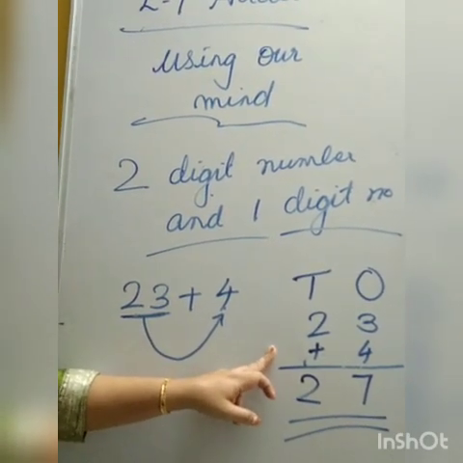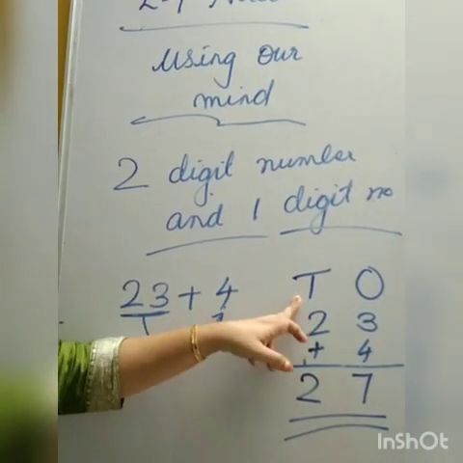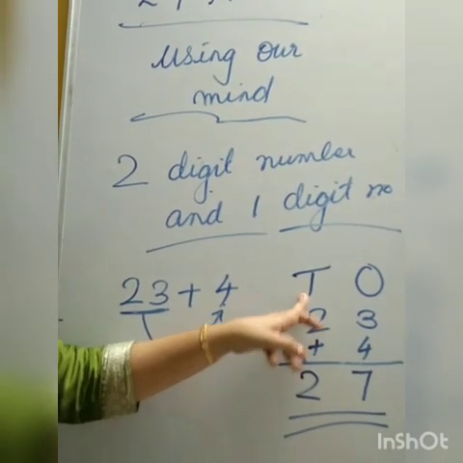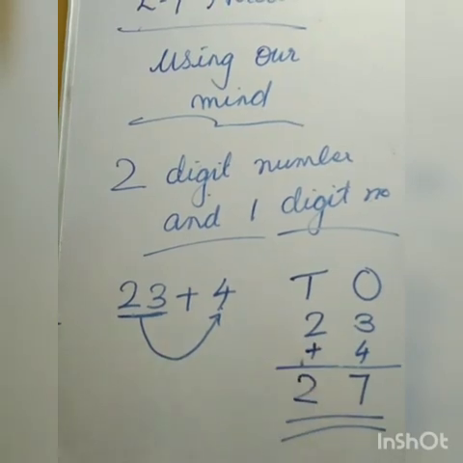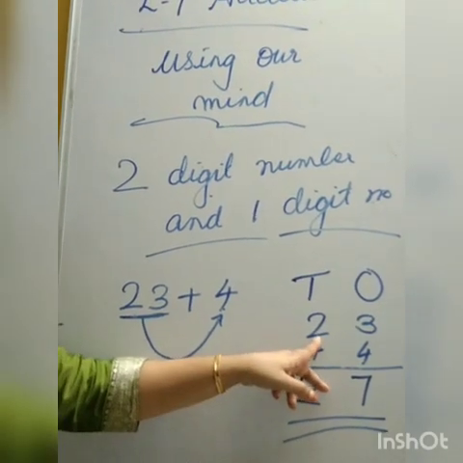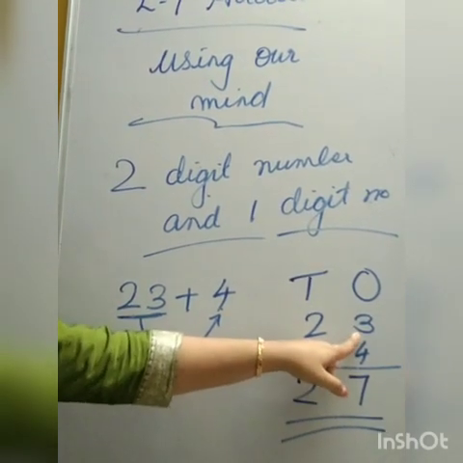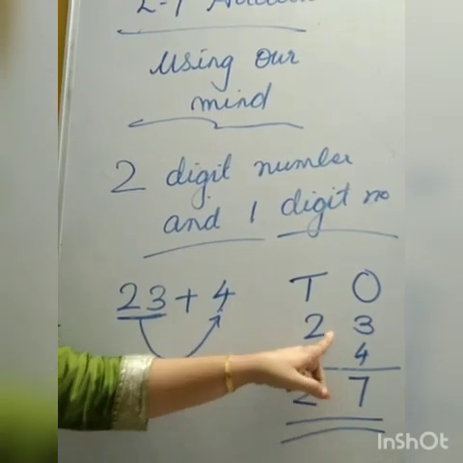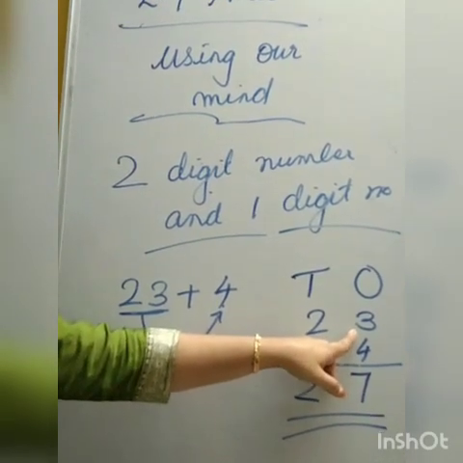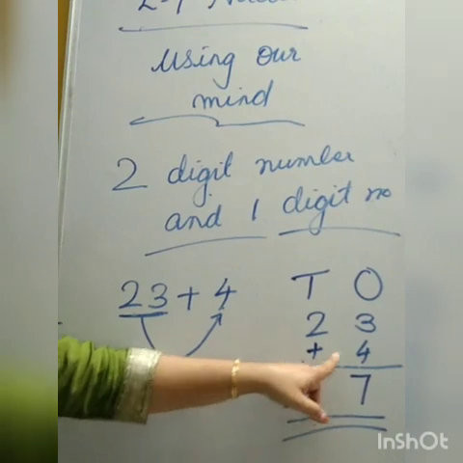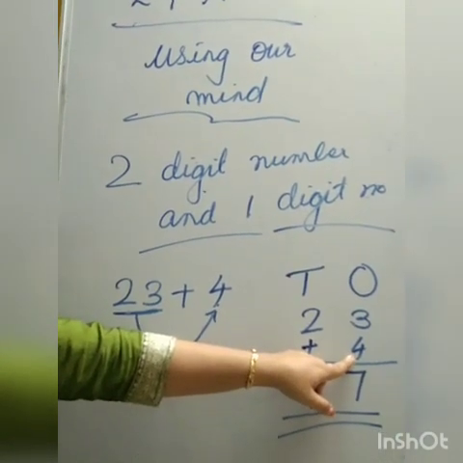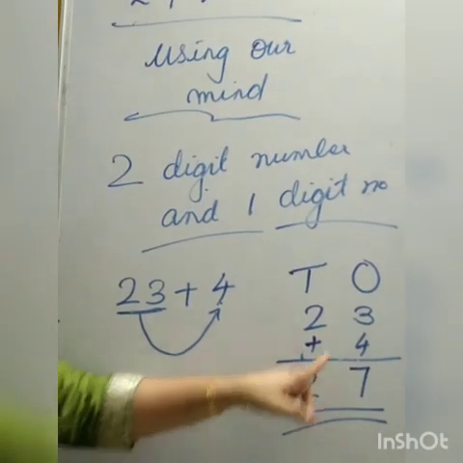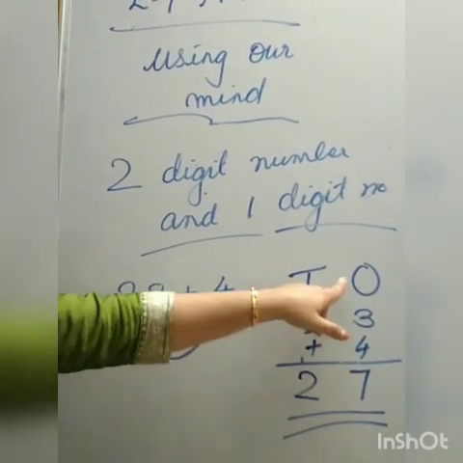Before that, we write T for tens and O for ones above the numbers. Then write 23 first. In the second step, write the second number. Here the second number is 1 digit, so its place is ones.